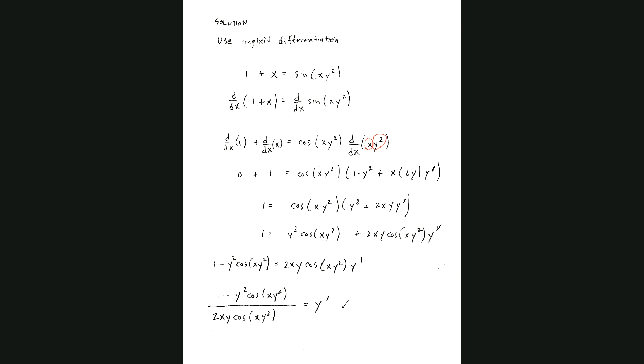So this is my f and my g. So the derivative of the product fg is f prime g plus f times g prime.